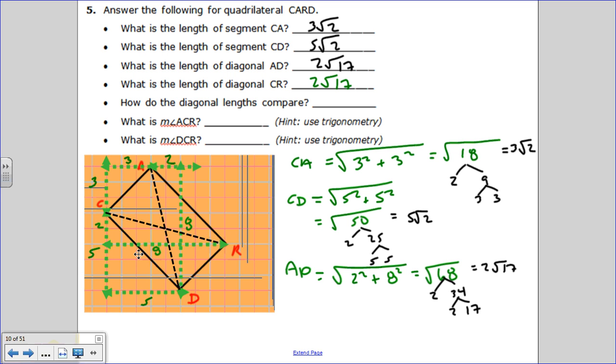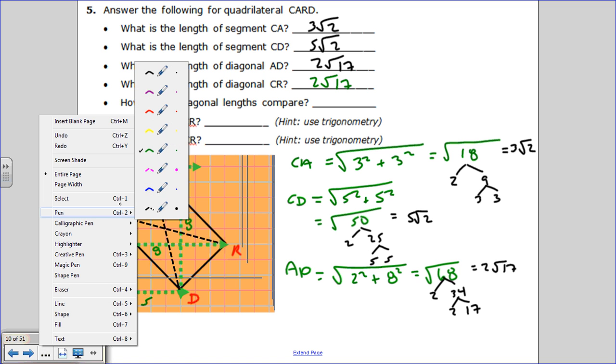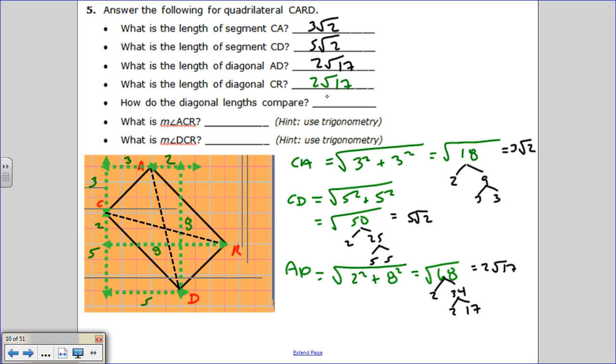So there's no point in going through the process of everything if you already know the triangles have the same two sides. So the next question said, how did the diagonals compare? I just answered that for you. They're the same. They have the same length.